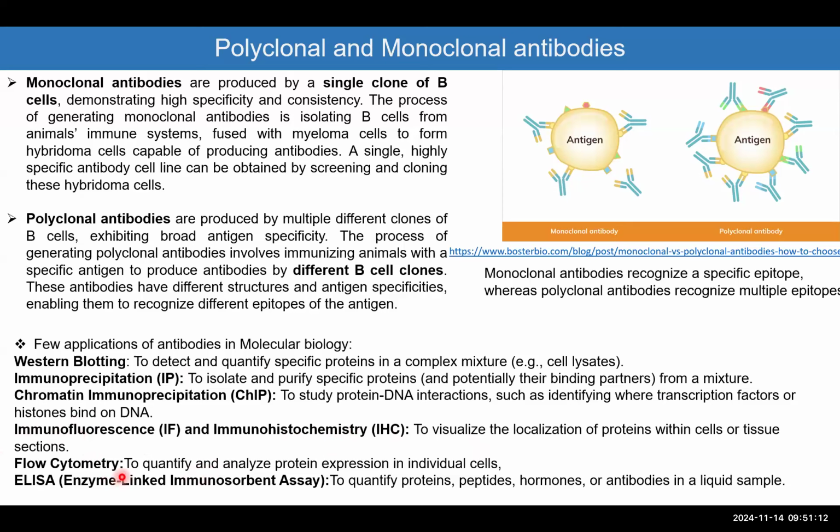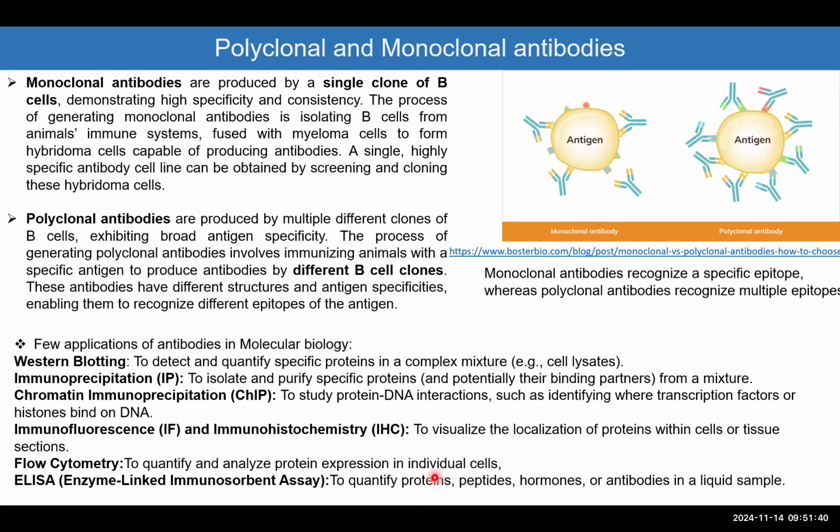Or if you want to sort cells, like I showed you in the single cell analysis by flow cytometry, you add these antibodies to the surface of the cells, and then you can separate cells based on that antibody. And finally, if you have proteins in the blood or in the fluids, and that's used a lot in clinics, it would be ELISA, which is enzyme-linked immunosorbent assay.